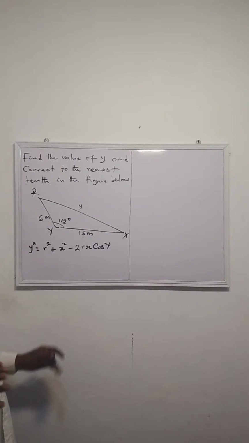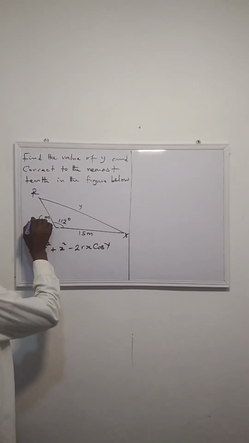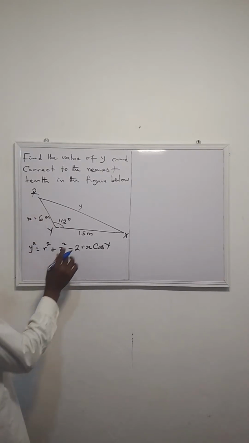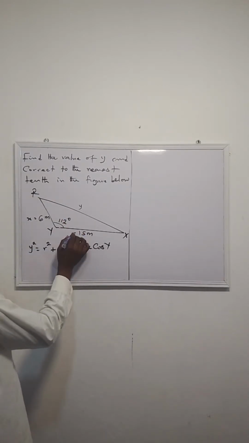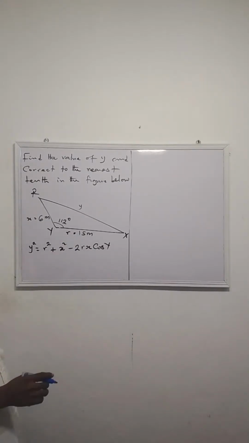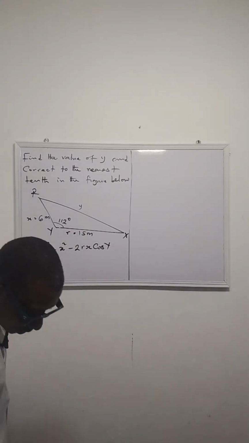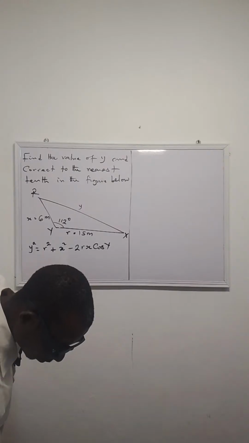Now let's plug in these values. This is side x, so x equals 6 centimeters. This is side r, r equals 15 centimeters. Can we plug in that and see what we're going to have?